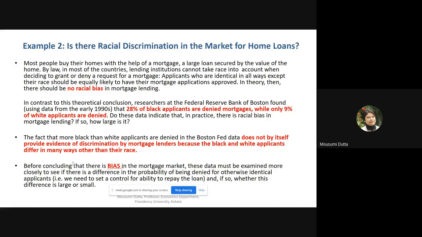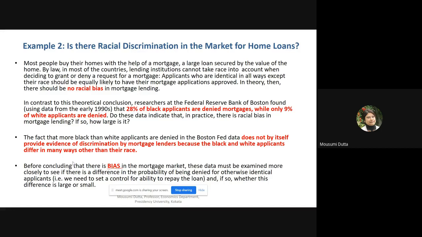Okay, so what kind of policy will we take? Whether we will add more efficiency to the form filling, or whether we will go for more efficiency in the process of giving credit.